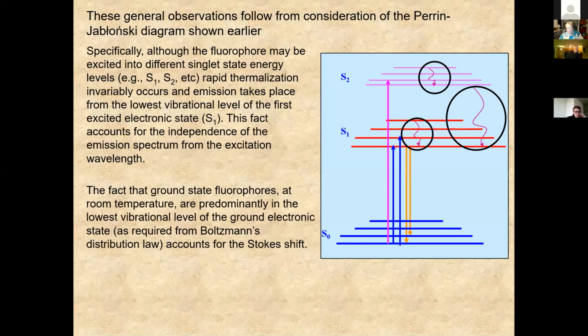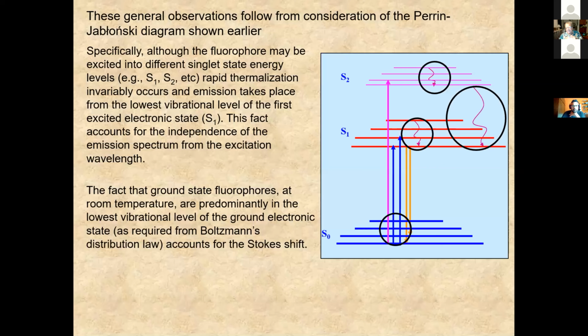And the ground state at room temperature, the vibrational levels, you're normally in the lowest vibrational level. So you're always starting from the same point, but you can go to higher levels, taking more energy, so at lower absorption wavelengths.